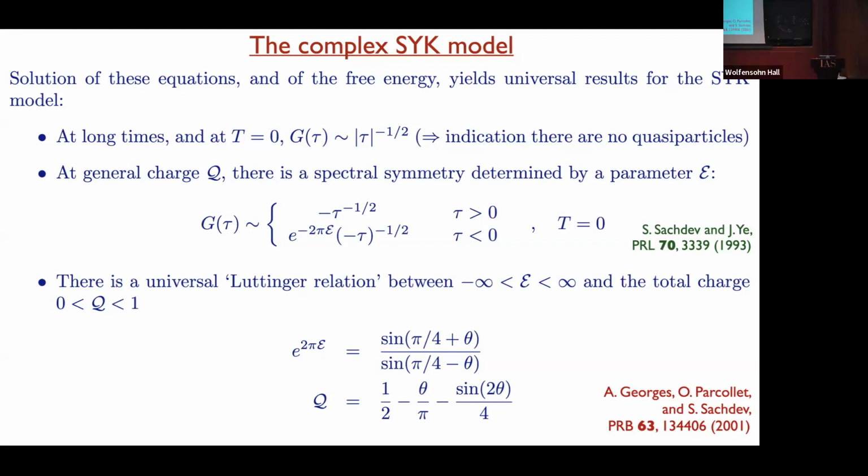And when you go through that argument, you find that there's this kind of constraint on the total charge. So you're doing a time-dependent gauge transformation, so in that sense, it's like a 't Hooft anomaly. Okay, that's the best I can do.